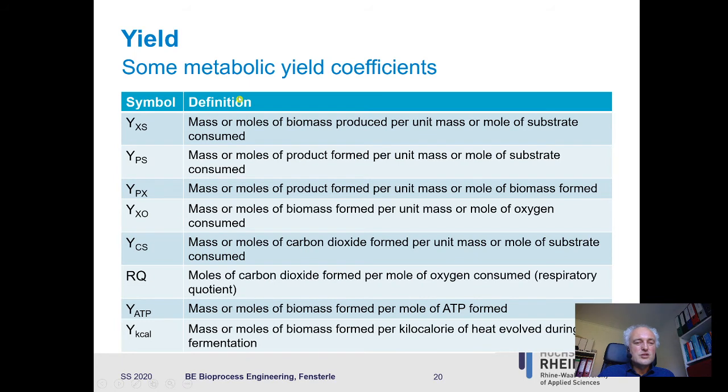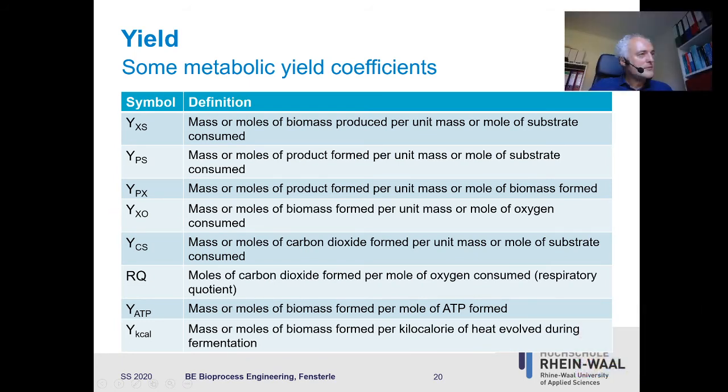Okay, and here is a list of yield coefficients which are routinely used. So you see, one is the mass or moles of biomass produced per unit mass or mole of substrate consumed. In general, these are mass yields you're interested in, because moles of biomass don't really make sense at the end. You can't really handle that.